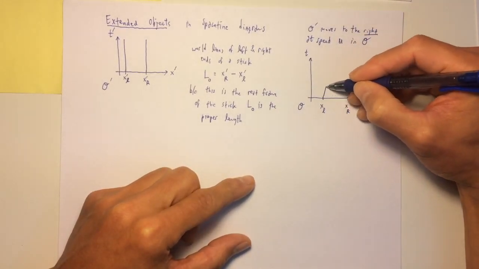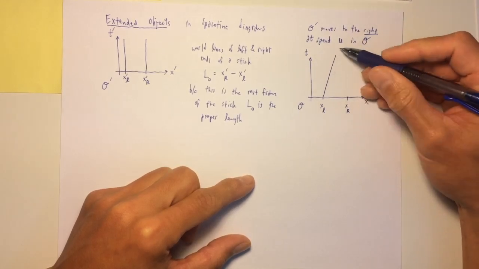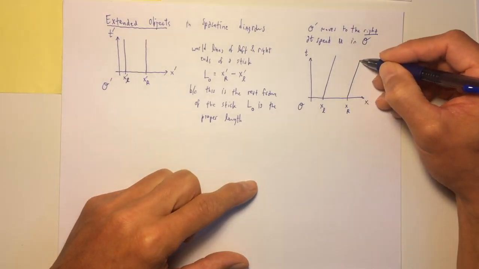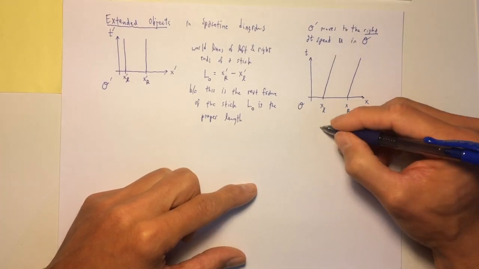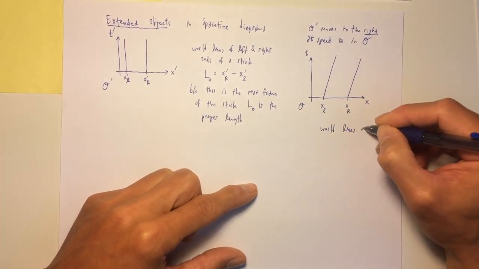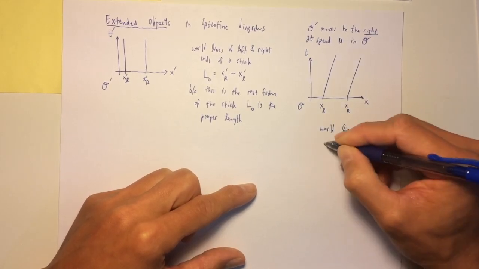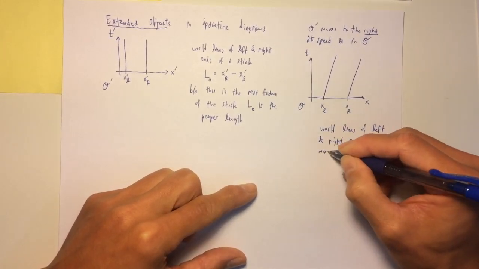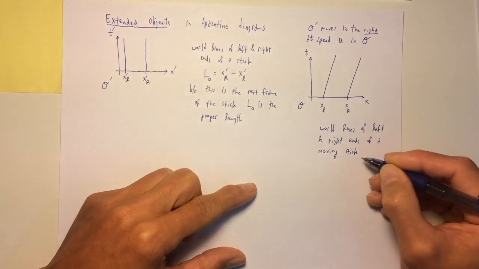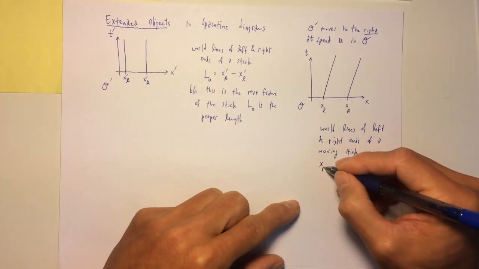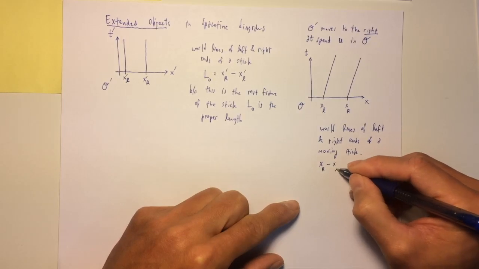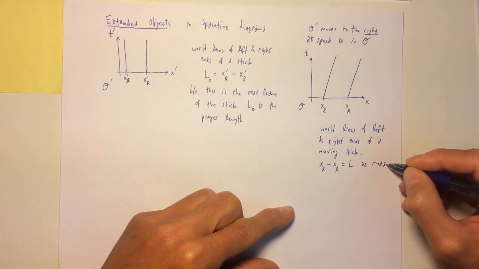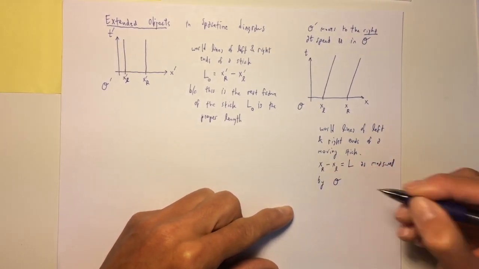So this is the world line of the left end of the stick. And this right here, this parallel line, is the world line of the right end of the stick. So these are world lines of left and right ends of a moving stick. And xr minus xl is equal to L as measured by O.